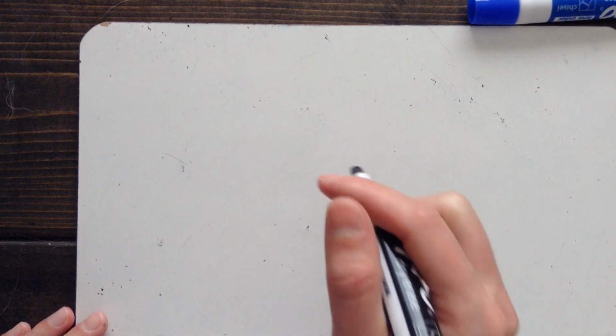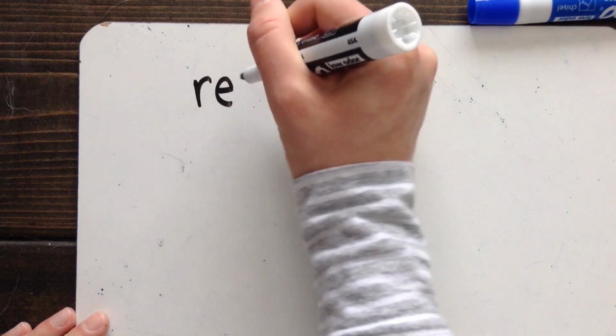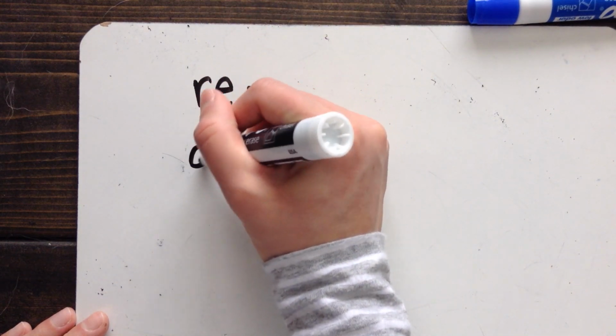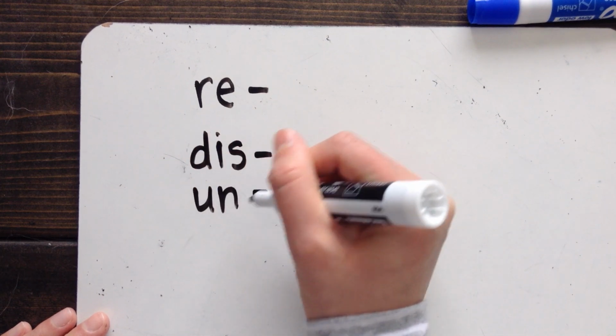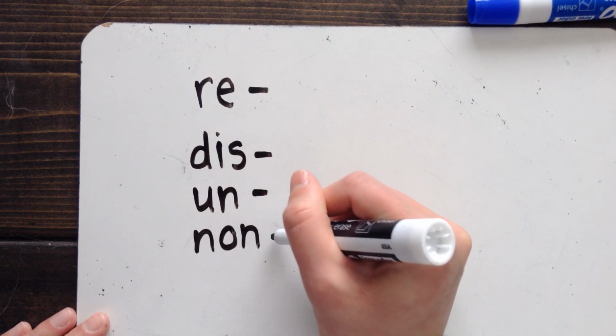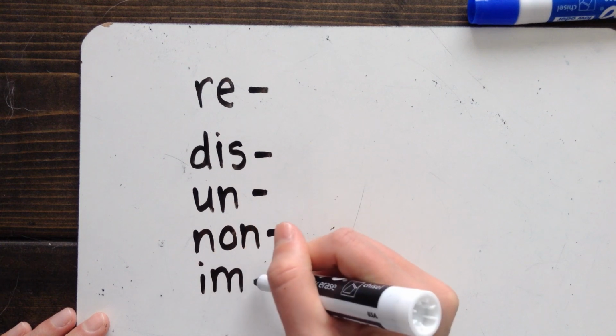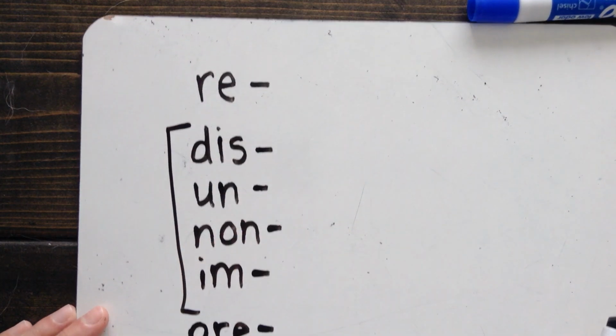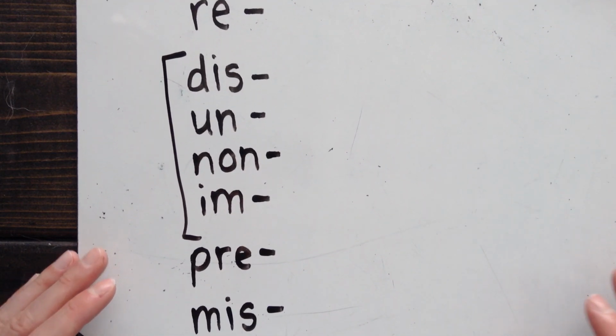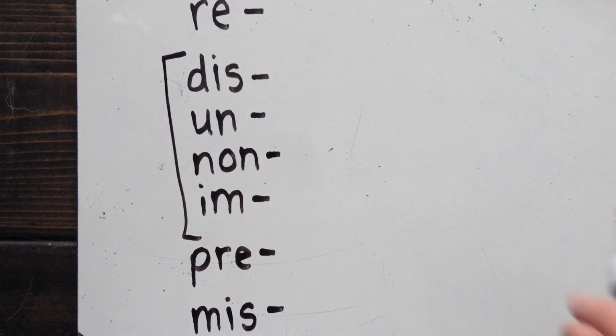I'll write the prefixes we reviewed one more time on the board. See if you can test yourself to remember the meaning of each. These are the prefixes we took a look at today.